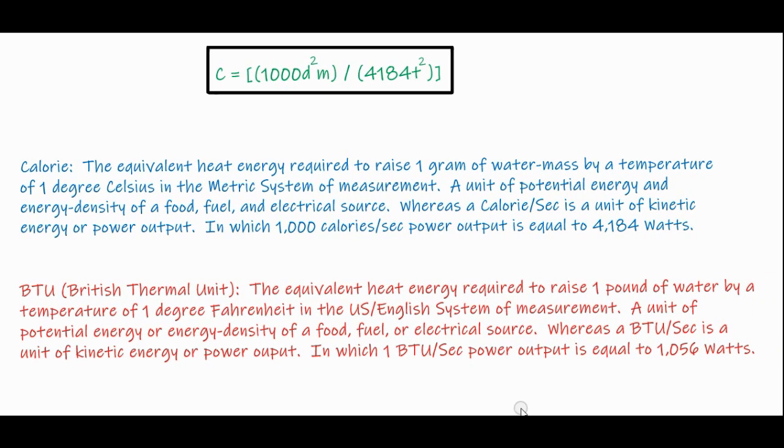The US English equivalent to the calorie is the British thermal unit, or BTU, which is the equivalent heat energy required to raise 1 pound of water by a temperature of 1 degree Fahrenheit in the US English system of measurement.